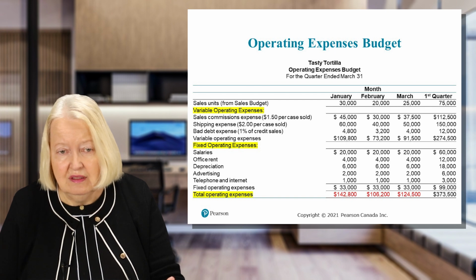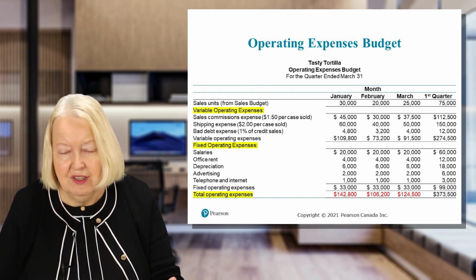So you have salaries, office rent, depreciation on your administration offices, advertising, phone and internet. That adds up to $33,000. So the two categories, variable and fixed operating expenses, come out to $142,800.